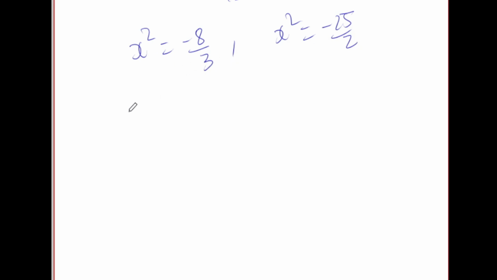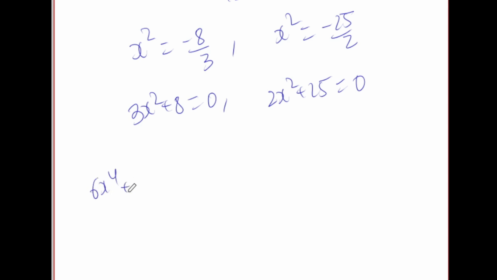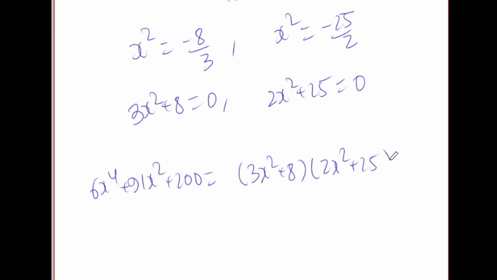So this basically means 3x square plus 8 is equal to 0, and from here I get 2x square plus 25 equal to 0, right? Which means 6x to the power 4 plus 91x square plus 200 can be factorized as 3x square plus 8 times 2x square plus 25, right?